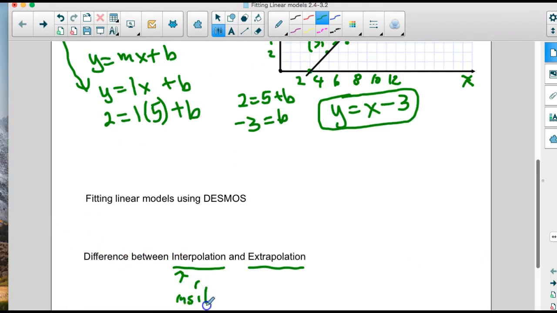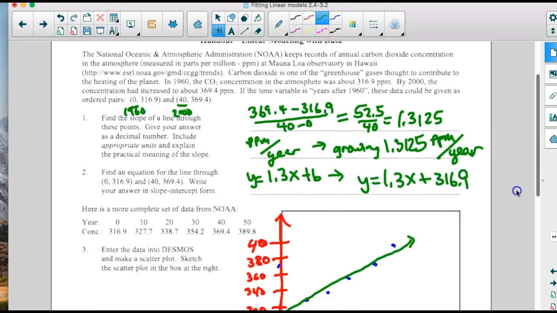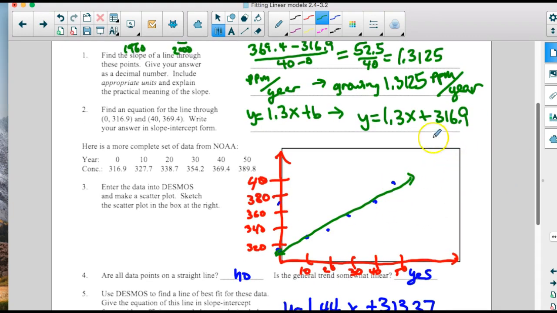This is outside the data set. It is very important to know that interpolation is usually a good way of estimating, but extrapolation may not be, because it may not continue to be linear. It may change from a linear graph to something else. So when we predict after 50 years here, we're using extrapolation.